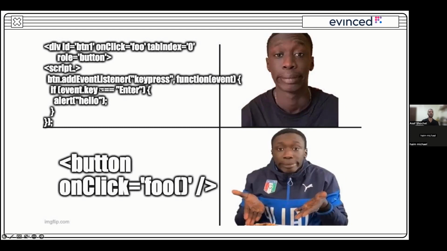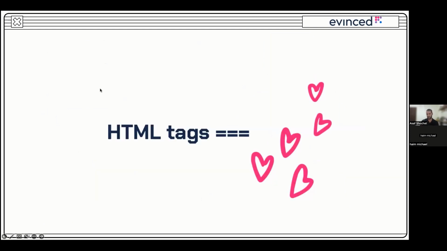And this is true not only for buttons. This is also true for headers, for H1, H2, etc. It's true also for select, for combo boxes, for input tags. That's why we put a special emphasis on using the correct semantic role of the tag.